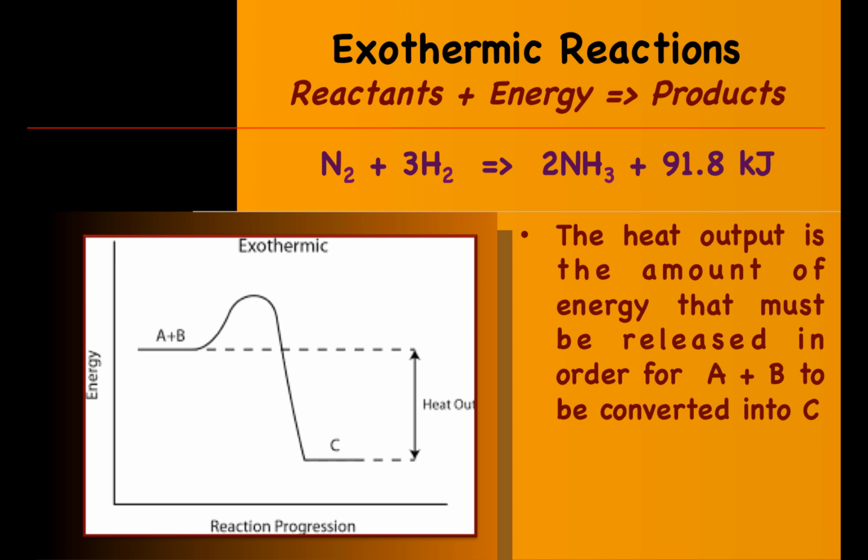The heat output is the amount of energy that must be released in order for A plus B, in other words, nitrogen plus hydrogen, to be converted into C, which in this example is ammonia. The heat output is delta H, and for this reaction, delta H is equal to negative 91.8 kilojoules of heat. Remember, in an exothermic reaction, delta H is negative.